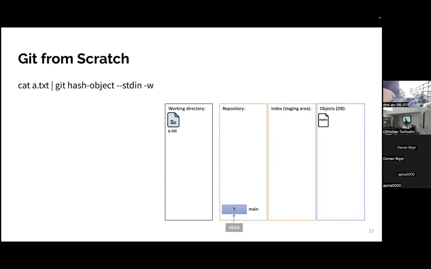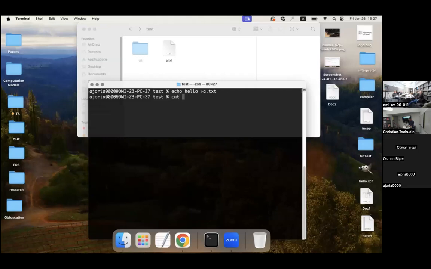So I pipe these two operations together: cat a.txt | git hash-object -w --stdin, which means read from input and put it in your database. And as you see, as a return I get a line with a hash, which is the SHA-1 hash of this a.txt.